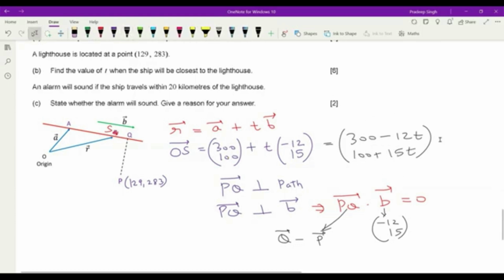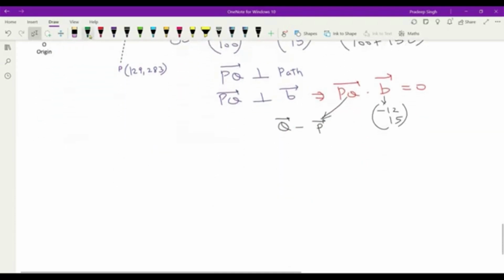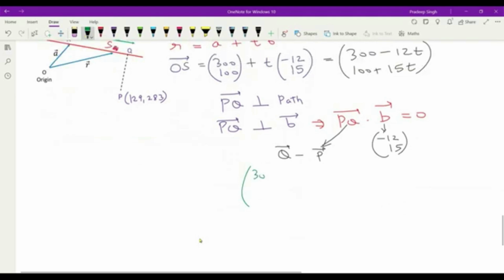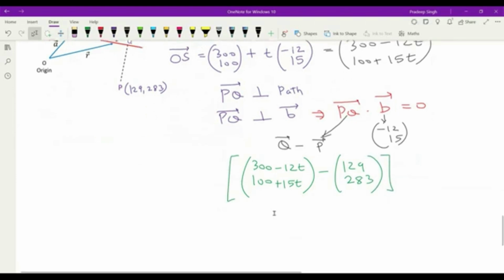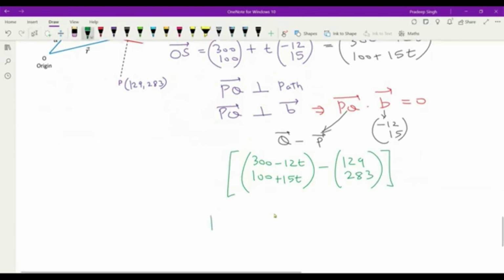Let us consider these as the coordinates of point Q. Hence, we write down the vector Q as (300 - 12t, 100 + 15t) minus the vector P. The coordinates of P, the lighthouse, were given in the question: (129, 283). This is our vector PQ.